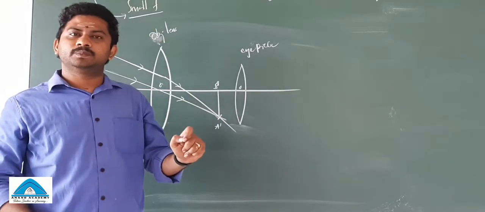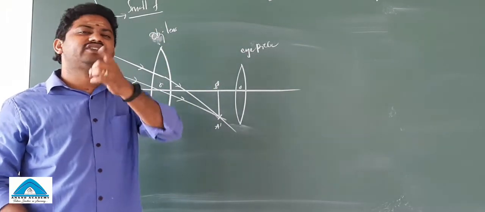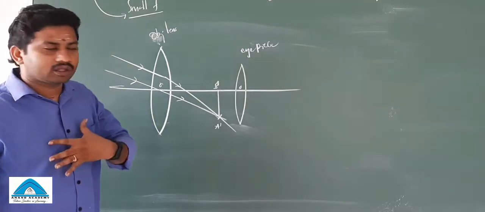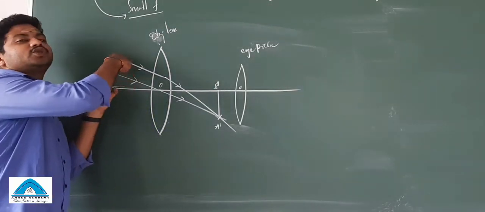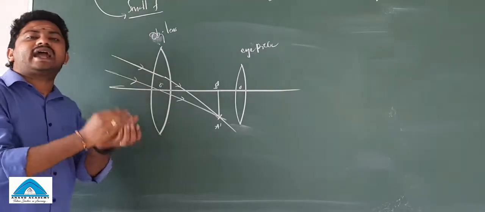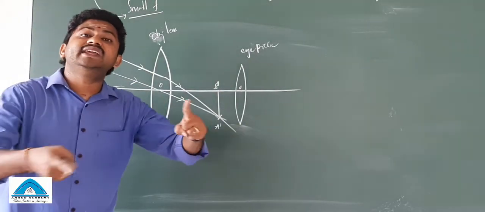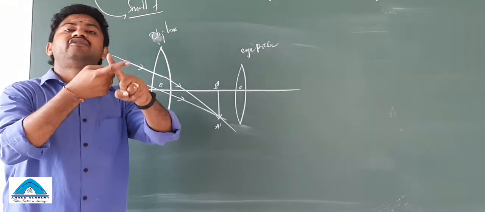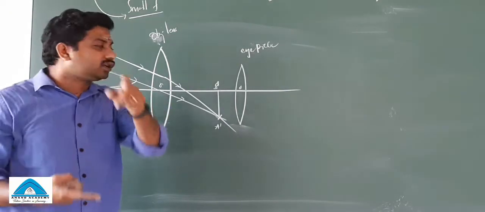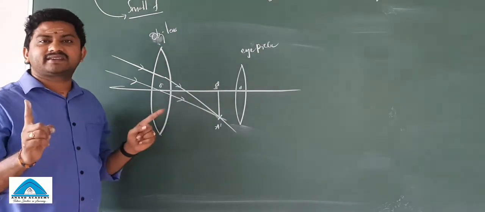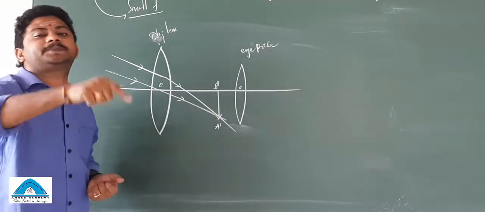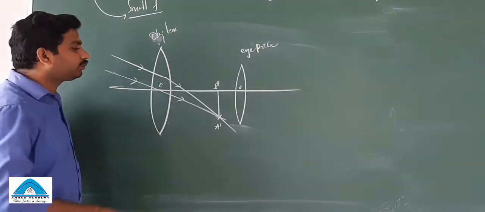Here also the same thing takes place, but the difference I will tell you. Listen to me carefully. There are two light rays moving parallel to each other and incident on a convex lens. They will meet each other by forming a real image, but not on the principal axis, but at the principal focus. That is the important point here.